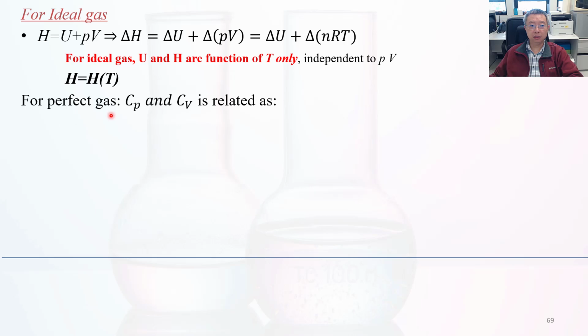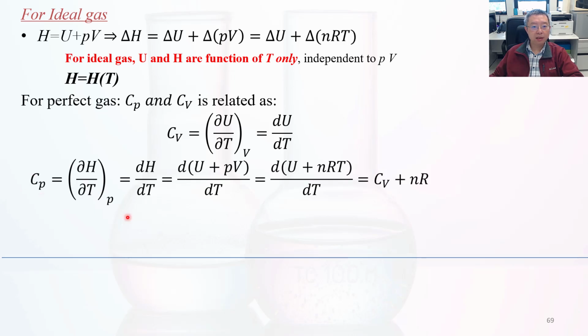For perfect gas, Cp and Cv are correlated. Cv is equal to partial U over partial T at constant V, and it's only a function of T, so V doesn't matter. It equals dU over dT. Similarly, Cp is equal to dH over dT, because it's not a function of P. dH over dT is d(U plus PV) over dT, which is d(U plus nRT) over dT.